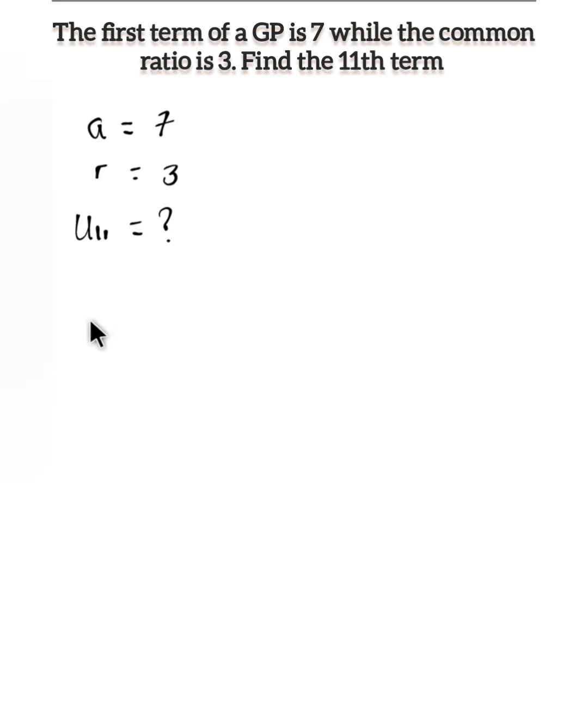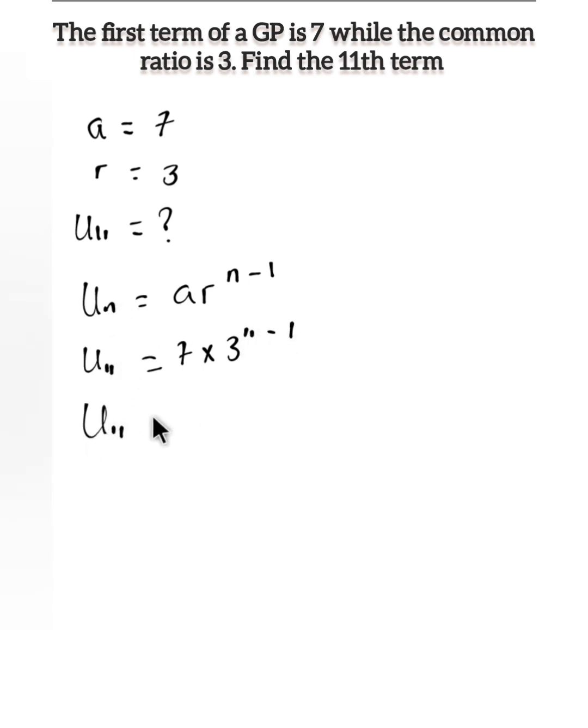Now using the general formula for GP, we have that U_n is equal to a r to the power n minus 1. So U11 will be equal to a, which is 7, times r, which is 3, raised to power n, here 11, minus 1.